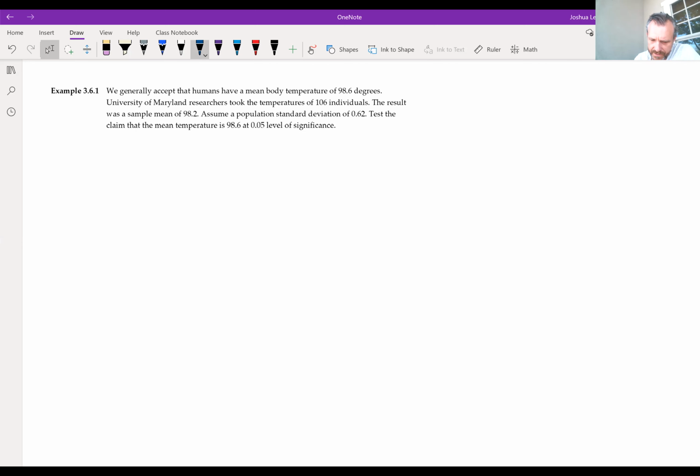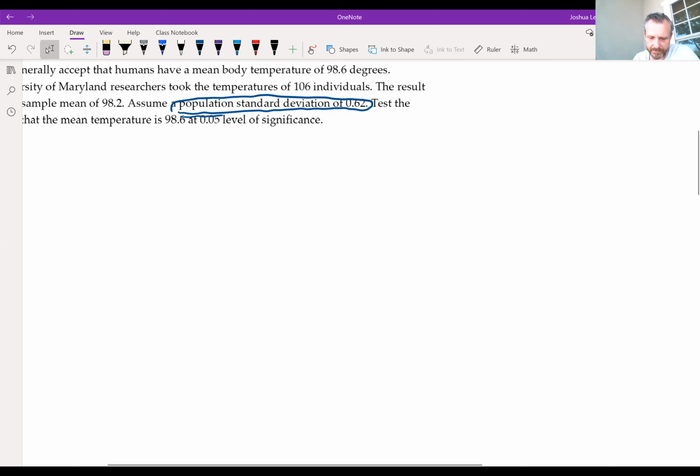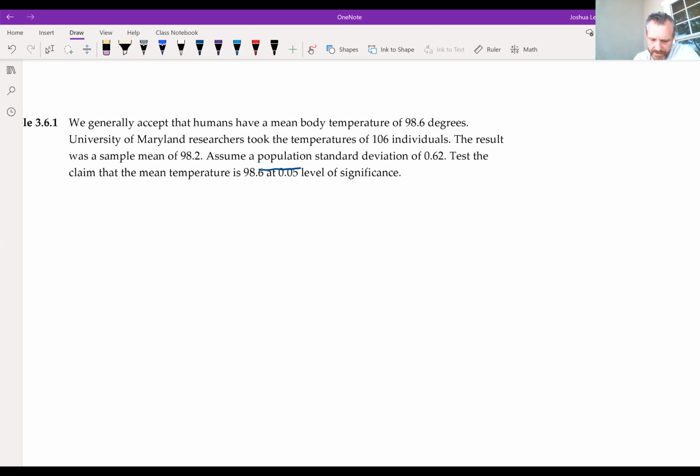So first of all, let's see what we have here. I want to point out a couple things. First is that we know the population standard deviation. We are given sigma.